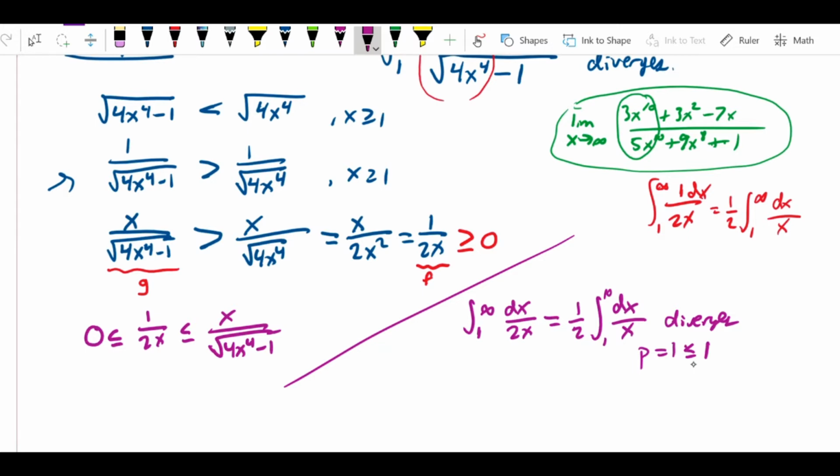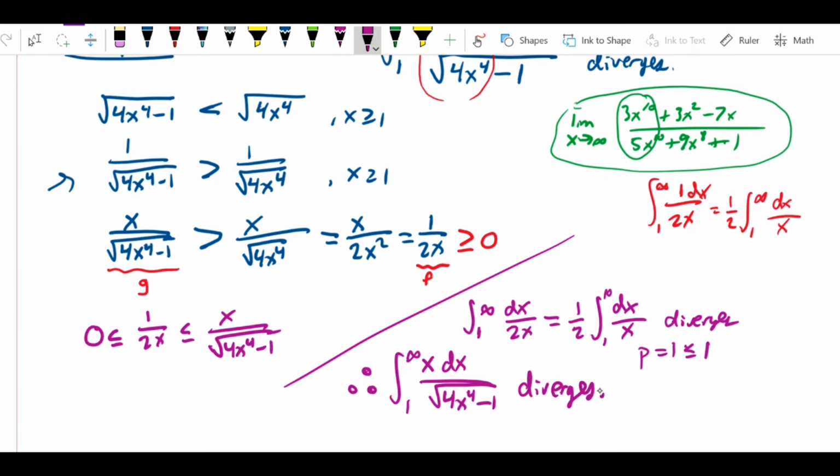So since the integrand of the integral we care about is larger than 1 over 2x, and we know that the integral of 1 over 2x diverges, therefore the integral of x dx over the square root of 4x to the fourth minus 1 also diverges.